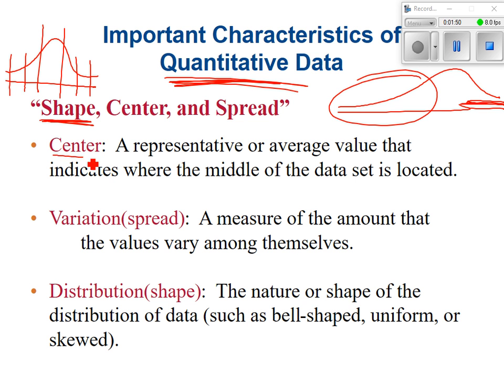The center of the data, some of the stuff that you've dealt with in the past, a representative or average value: median, mean, mode. Those are all things that we consider to deal with the center of the data. We'll talk more about other things that go along with the center. Variation is how the data is spread out along the graph.